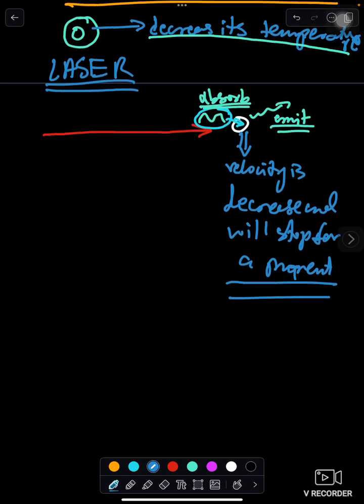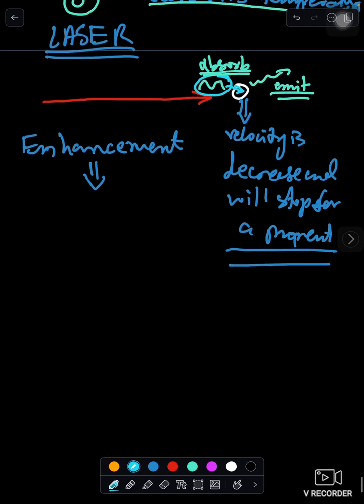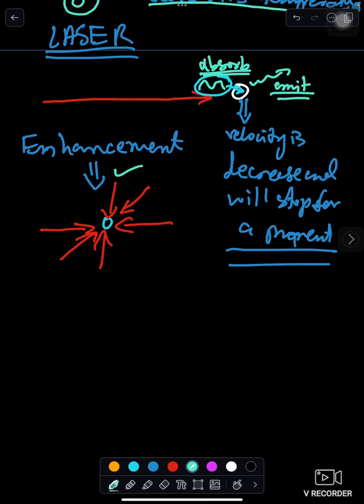So this is one reason. How can we enhance it? Instead of a laser from one direction, I will be making pairs of lasers from all directions, like one here, second here, third here.